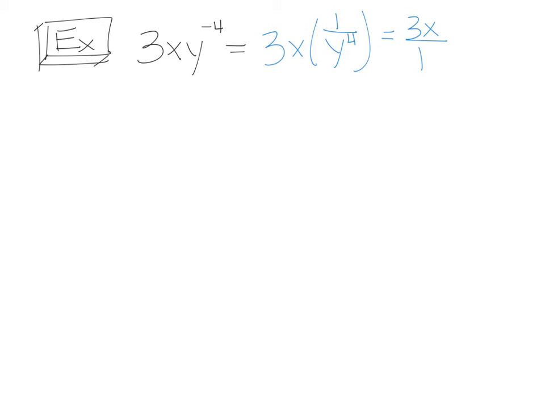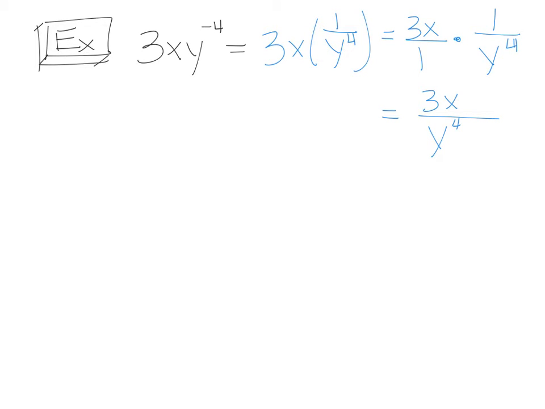Anything over 1 is just the same thing as it not having a denominator. Times 1 over y to the 4th power. So if we were to combine everything, 3x times 1 is 3x, over 1 times y to the 4th power, y to the 4th power.